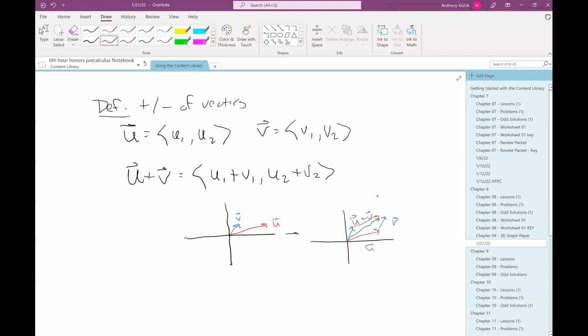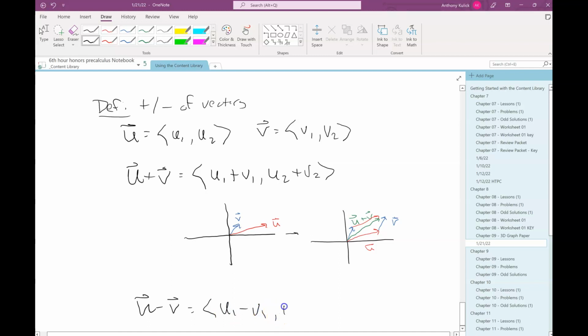You'd have a different triangle that you drew, but still the same picture. And in fact, if you draw both of them like we did there, you end up with what shape? It's a parallelogram, right? You guys see that? Okay. Not surprisingly, vector subtraction works the same way.